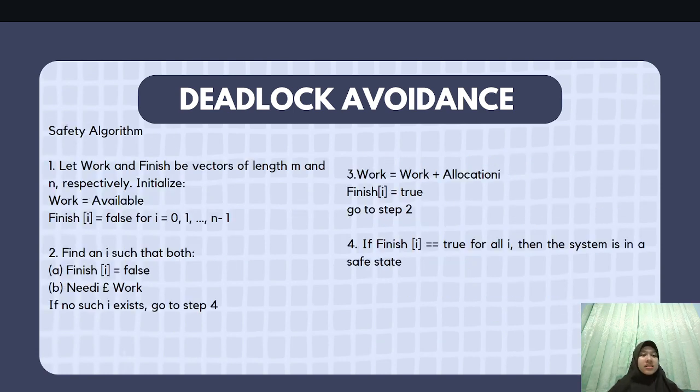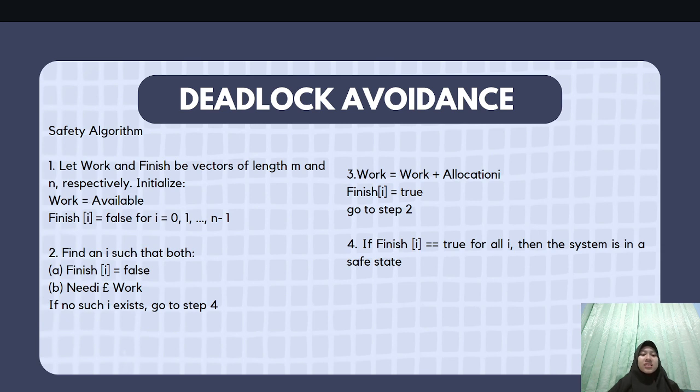Okay, and here is the safety algorithm. First, let Work and Finish be vectors of length m and n respectively. Initialize Work equals Available, and Finish[i] equals false for i equals 0, 1, and so on. Second, find an i such that both Finish[i] equals false and Need_i is less than or equal to Work.